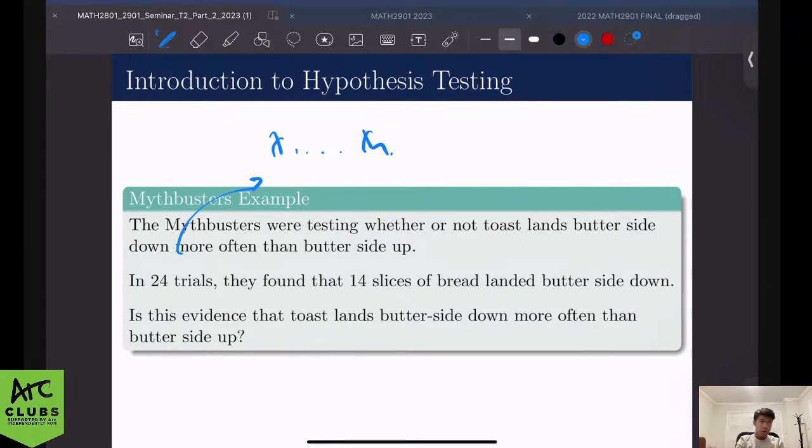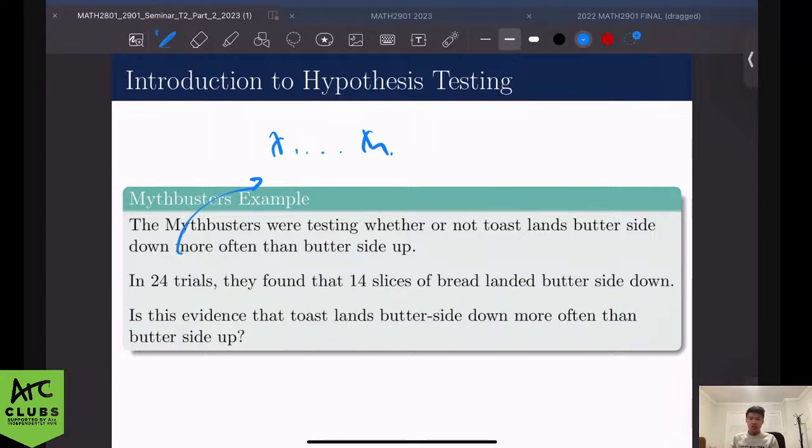So you can see why we need hypothesis tests, because simply getting more slices of bread landing bottom side down doesn't mean it's actually more likely. Maybe you just got unlucky, right? It always just landed bottom side down. So the question is, is this evidence?